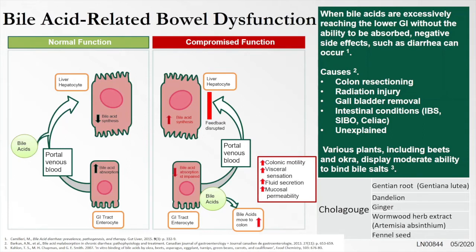For cholagogues, jumping back to not having enough bile, in those individuals, some things that you can look at would be gentian root, Gentiana lutea, dandelion, ginger, wormwood herb extract. This is in the Artemisia absinthium genus and species, and this is just such an interesting medicinal group of plants in this Artemisia genus.